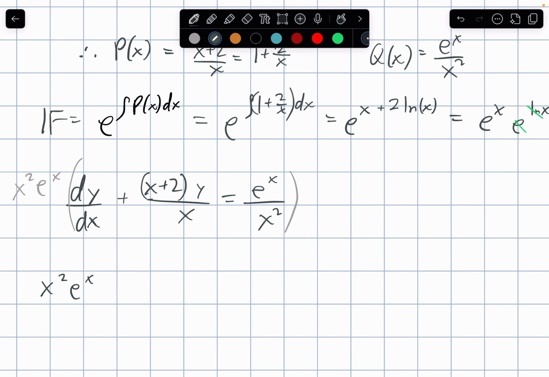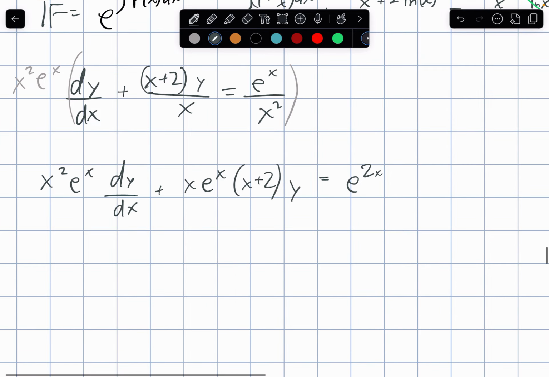Okay, simplify. x squared e raised to x times dy over dx plus 2y, and then that's going to be e raised to 2x. Okay? It's always d over dx when it is linear in y.